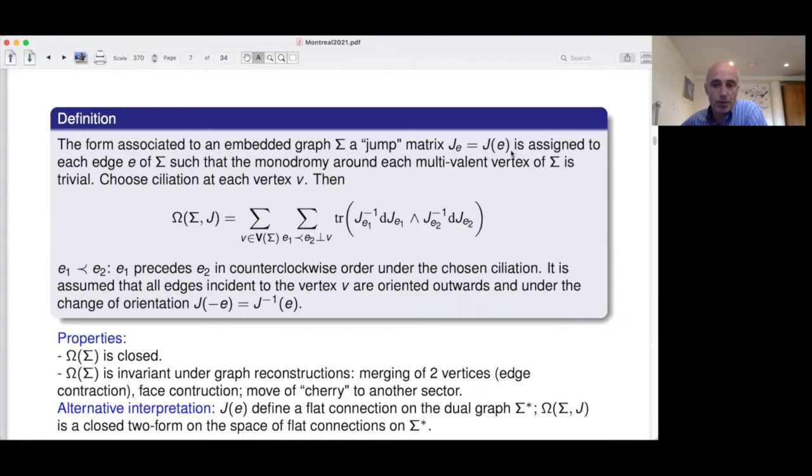So essentially, we are thinking of a Riemann-Hilbert problem on a Riemann surface, which is equivalent to defining a flat connection on the dual graph.